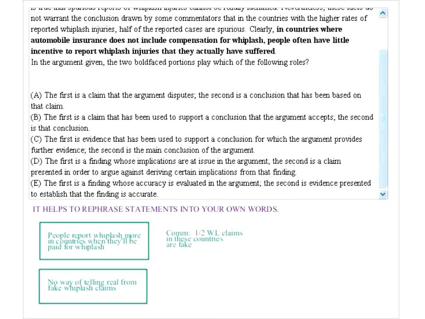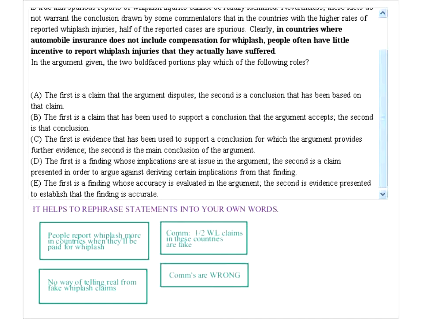And then the argument says commentators are wrong. The facts do not warrant the commentators' claim. That's a fancy way of saying the commentators are incorrect.